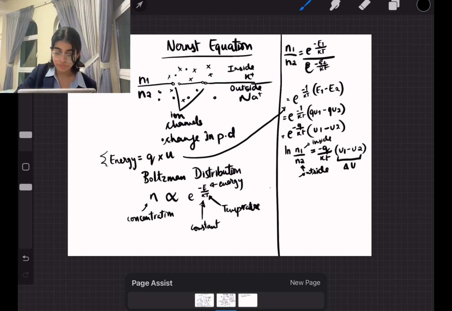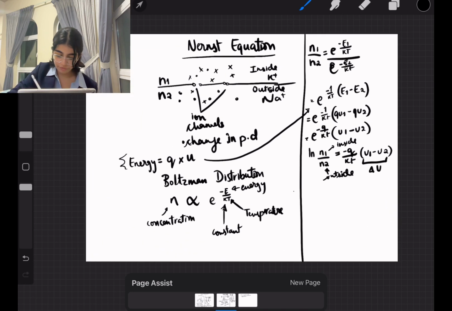Now, I'm going to need another page. However, this equation can be carried out further. So delta U basically equals U1 minus U2, which also equals minus kT as we cross multiply in the previous scenario.